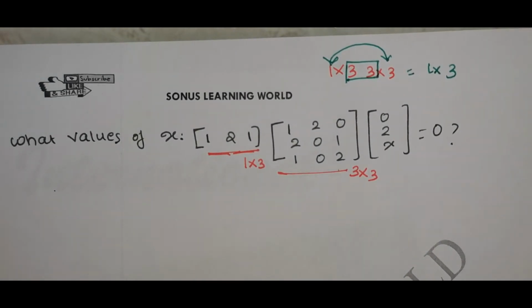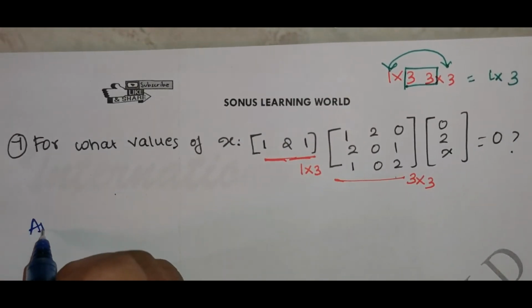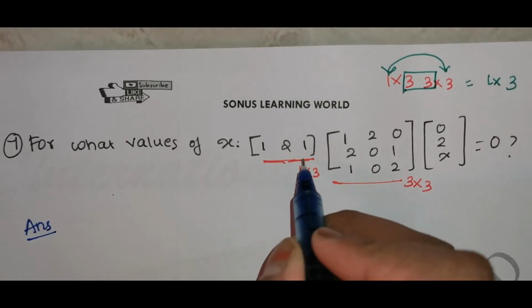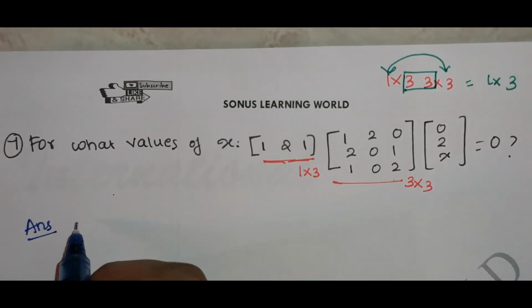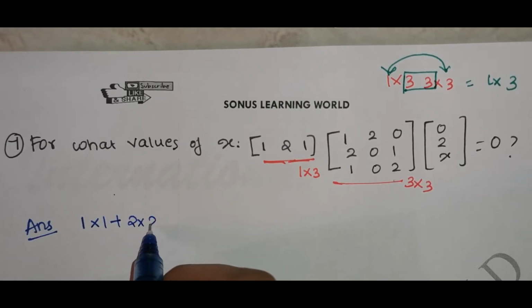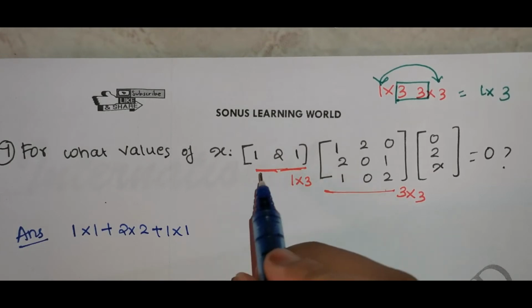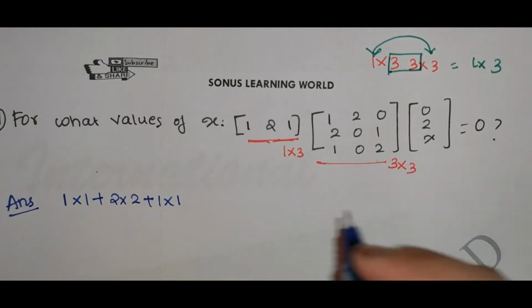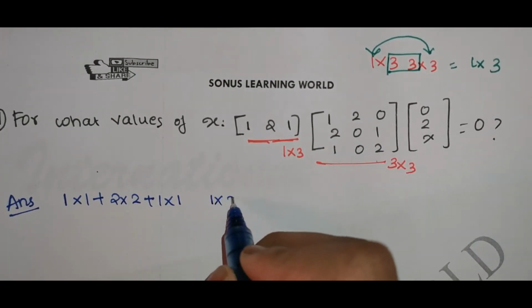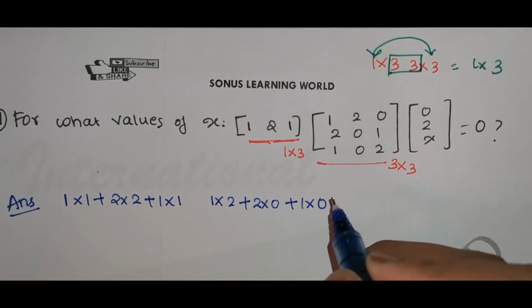Okay students, so let me multiply these two matrices. I am taking the first row and the first column: 1 into 1 plus 2 into 2 plus 1 into 1. The same row and the second column: 1 into 2 plus 2 into 0 plus 1 into 0.